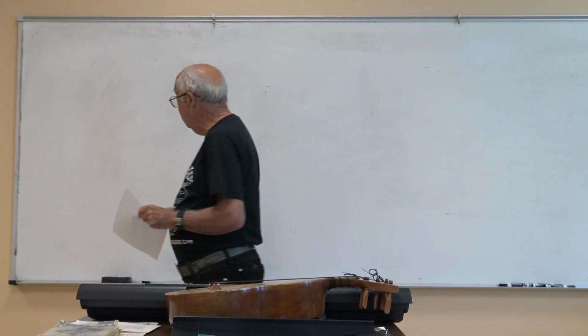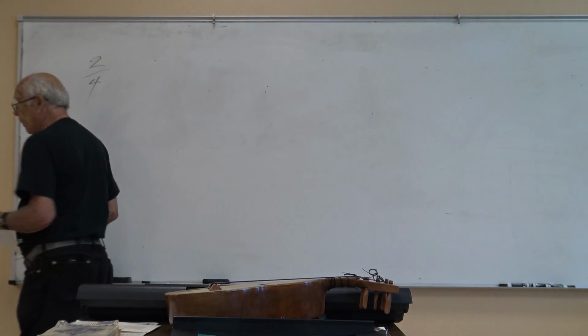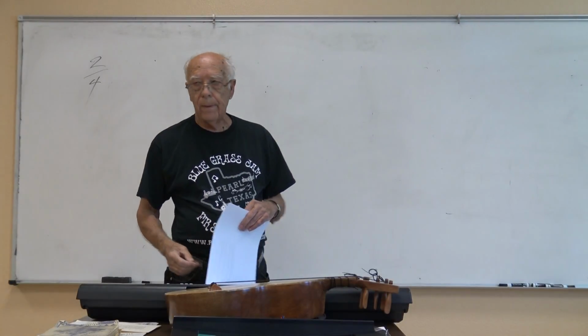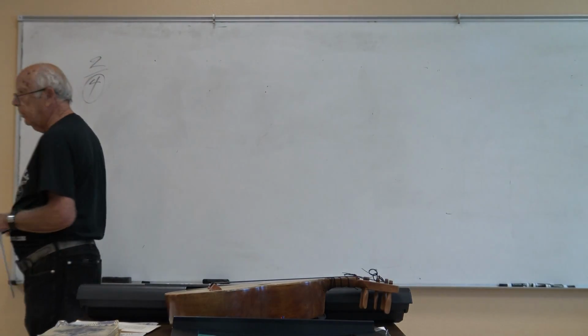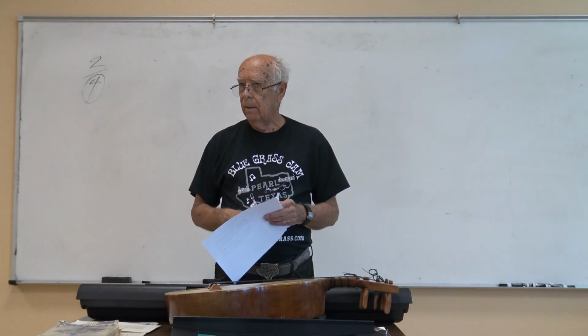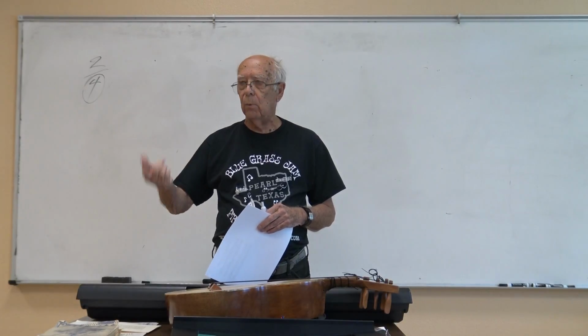First of all, look at the signature of it. It tells you that it's 2/4 time. So 2/4 time tells you that there's 2 quarter notes in a measure. Therefore, you count it: 1, 2, 1, 2, 1, 2, 1, 2.